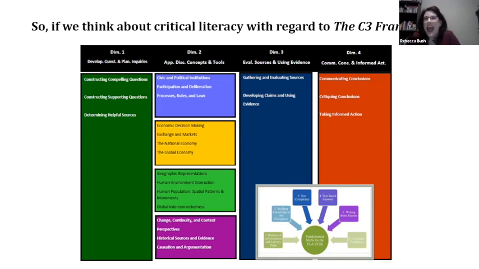When we look at disciplinary literacy, what does it really mean to have students thinking like a historian or a geographer or an economist? And then we're also going to spend a little bit of time with dimension 3 and dimension 4, because those are really the dimensions where a lot of the reading and writing standards come into play, as well as the disciplinary literacy essential practices.